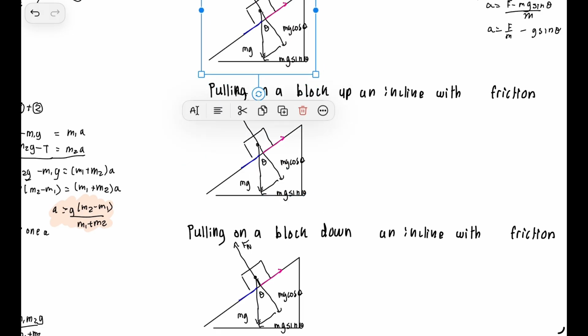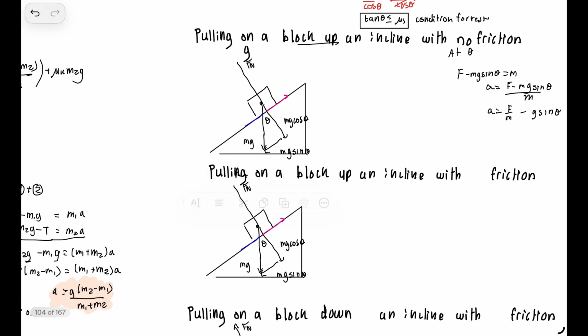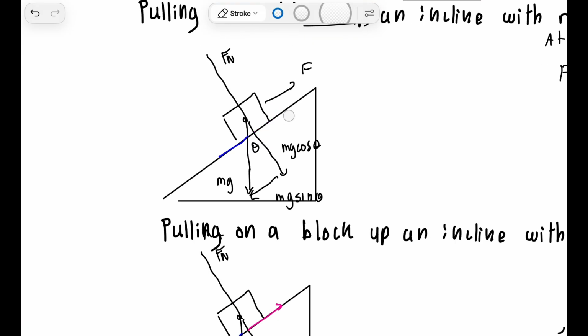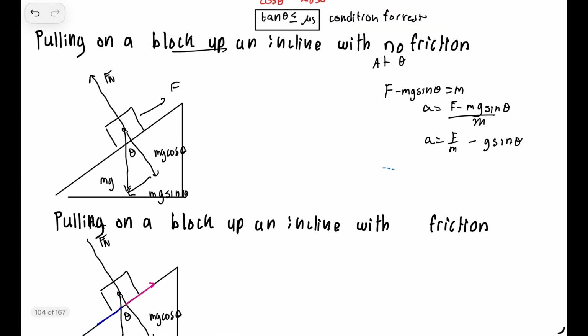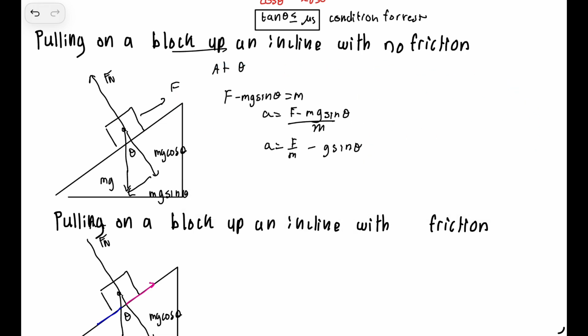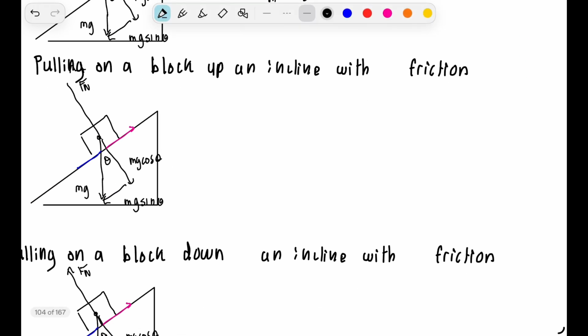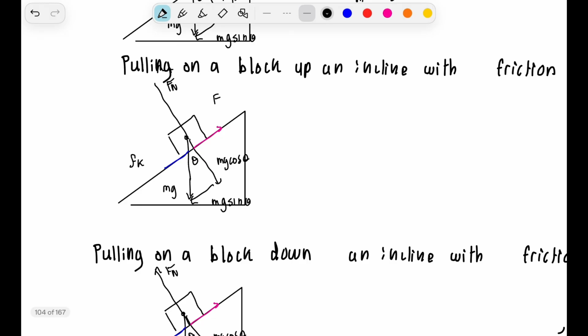So in our previous situation, we had no friction, so you were pulling up on the block. You basically had this force going up, and what that looked like was just the force. So this is how we just got our situation. Now if we're pulling up with friction, you're going to have your force up and you're going to have a frictional force. But this is actually going to be kinetic because we're having movement.